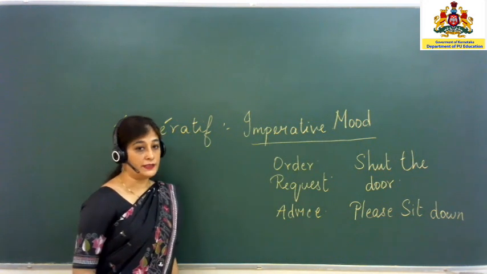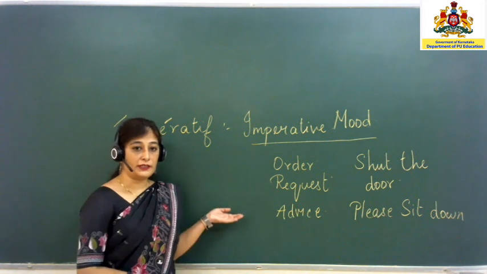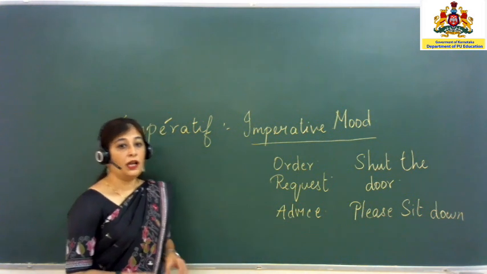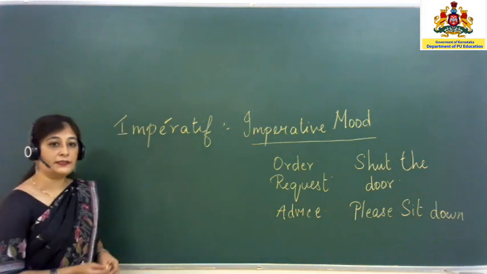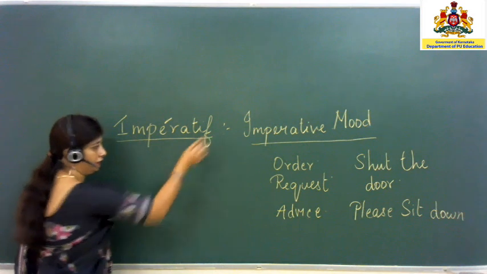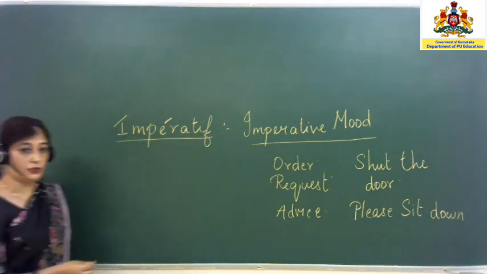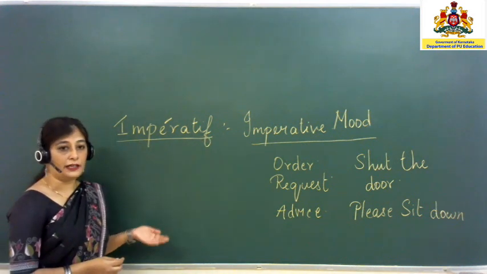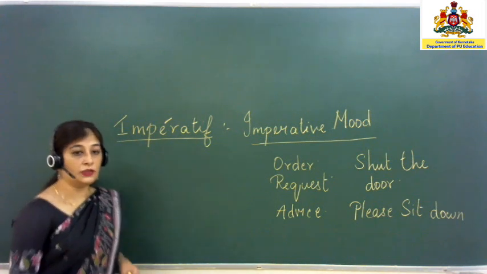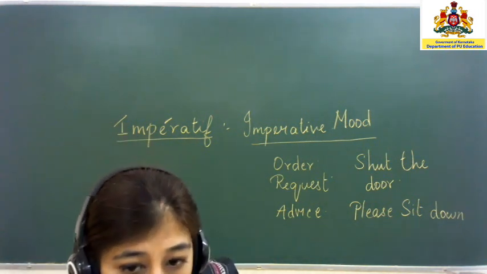Add salt, it is an advice, right? So imperative is used to give an order or an advice. Now, in French, it is known as the impératif. Now, where do we use imperative? Imperative is used to give an order or an advice only.